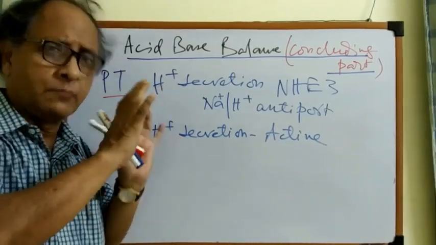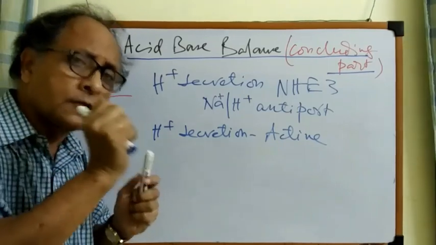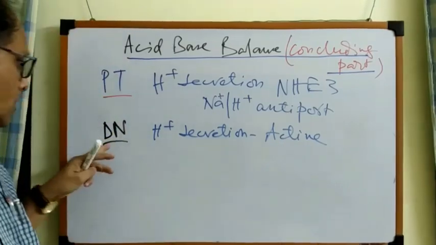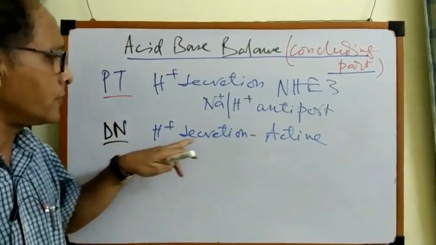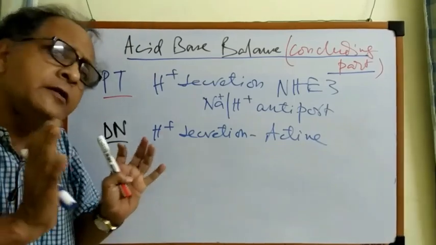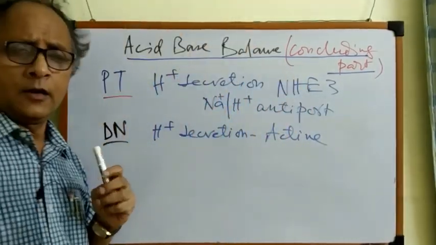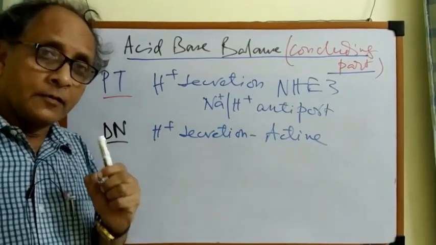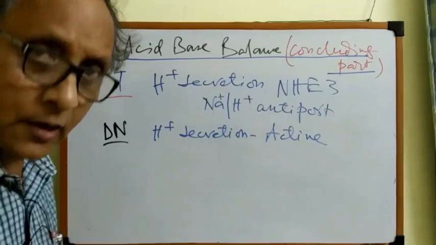That we have told you in my last class. Now, the point which I would like to make at this juncture is that although we are saying that in the distal nephron, H plus ion secretion is independently active in nature and not dependent on any other ionic movement, there is a rider, or a precondition, or there are certain conditions.